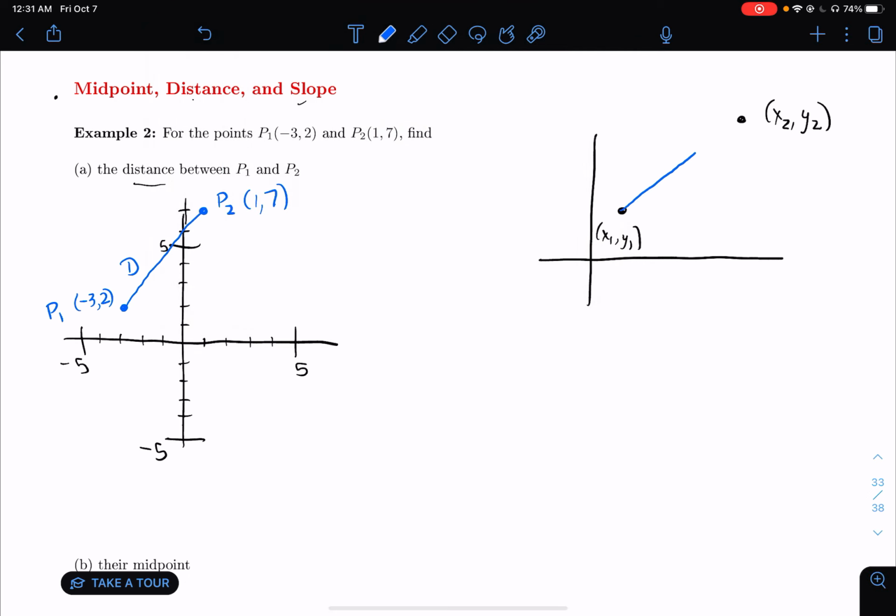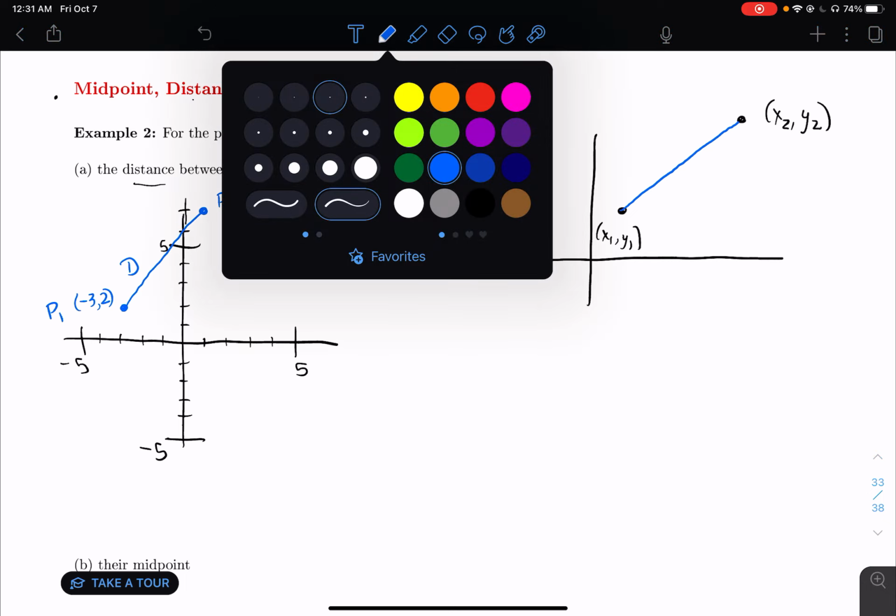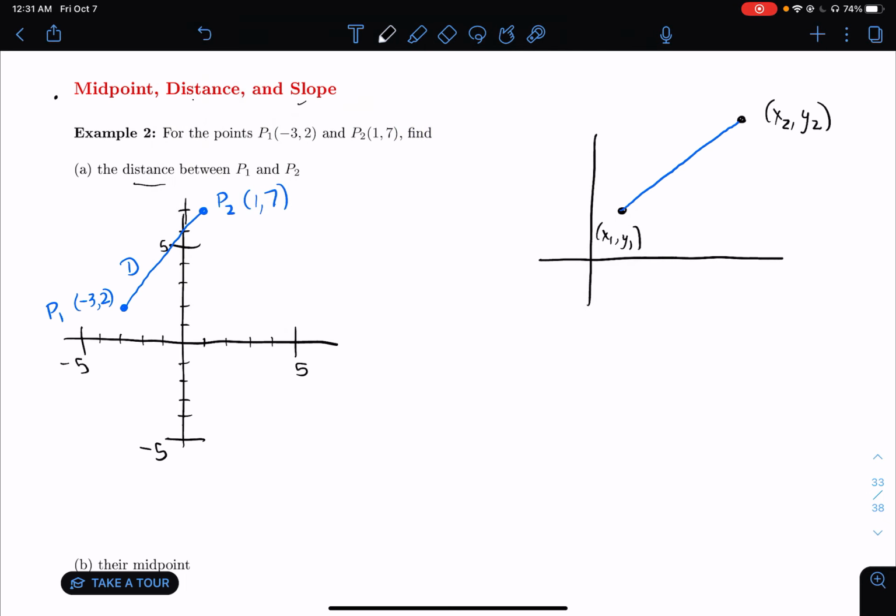If I draw a straight line connecting them, how long is that? To help with this, I'm going to draw a couple of extra lines to make a right triangle. From the bottom point, I'm going to draw a horizontal line until I get right below the second point. And then from the top point, I'll draw a vertical line straight down until I reach that horizontal line. When I do that, it creates a right angle.